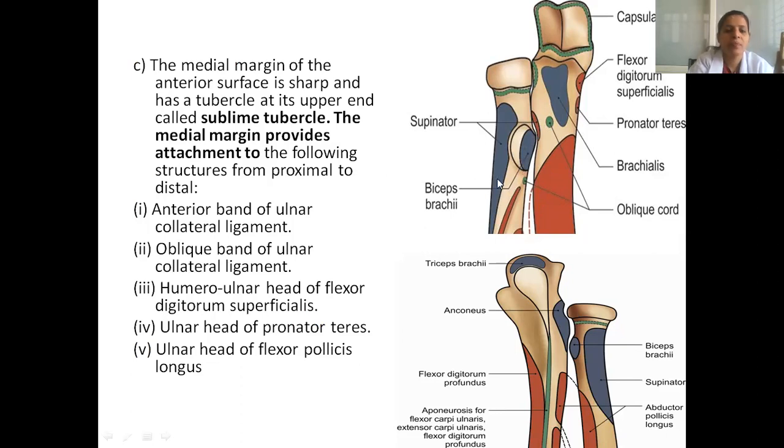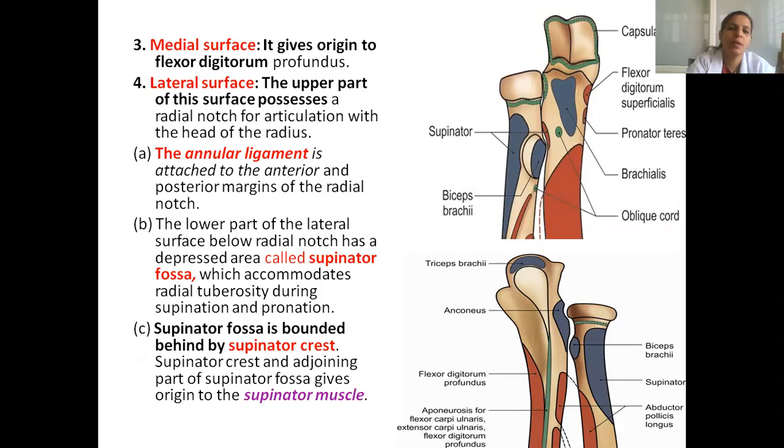Then the humero-ulnar head of the flexor digitorum superficialis, this one. Then the ulnar head of the pronator teres, this one. Then the ulnar head of the flexor pollicis longus. All these are originating from the medial margin of the anterior surface of this tubercle.